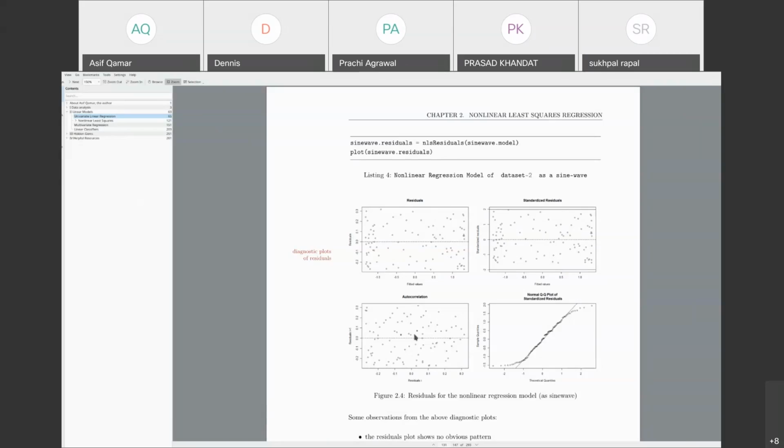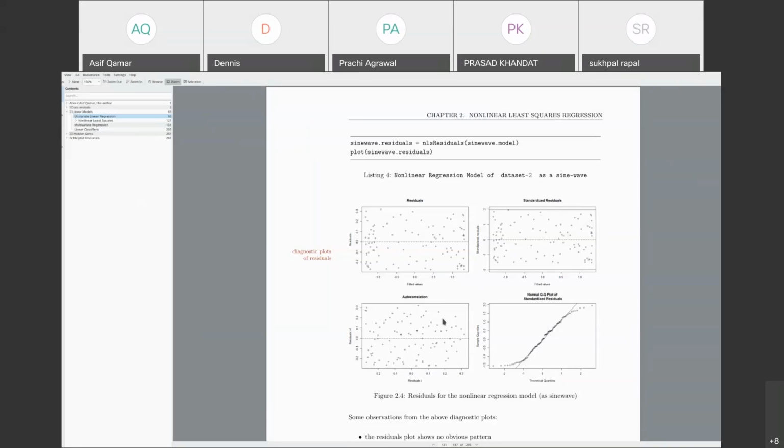Then you look at autocorrelation. Autocorrelation I've not explained, but let me explain. Autocorrelation is when a value is correlated with its own previous value. For example, if you keep on measuring temperature during a day, taking the temperature measurement every minute outside, under a tree or something like that, you would agree that the temperature at any given time, at noon for example, would be highly correlated with the temperature just before noon.